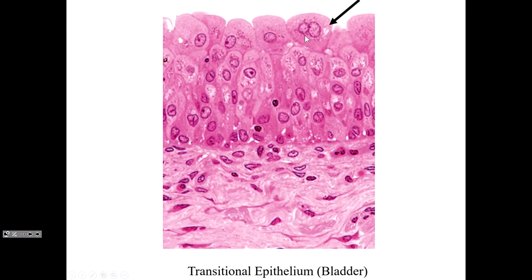Okay. Firstly, you know it's stratified, but because you see these binucleated cells, you know that you're looking at the transitional epithelium of the bladder. So that would allow you to identify and classify this as transitional epithelium. Okay?